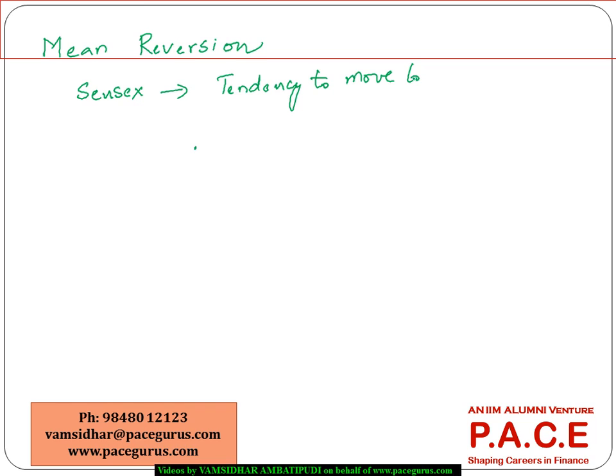It means if the value has gone very high, there is a tendency that it will come back to some long-term average value, and if it has gone much lower, it has a tendency to come back to the average value. It's basically like, okay, this is the typical mean level.